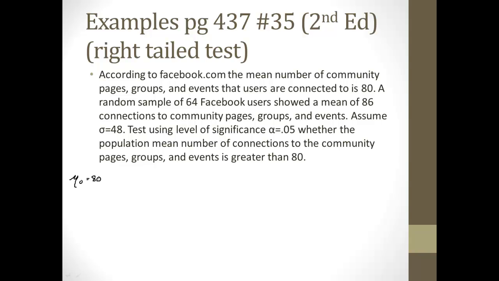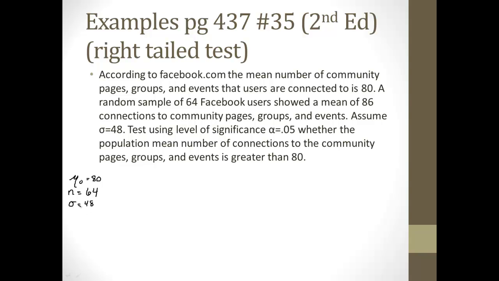A random sample of 64 Facebook users showed a mean of 86 connections to community pages, groups, and events. So n is 64. Assume that the standard deviation of the population is 48.